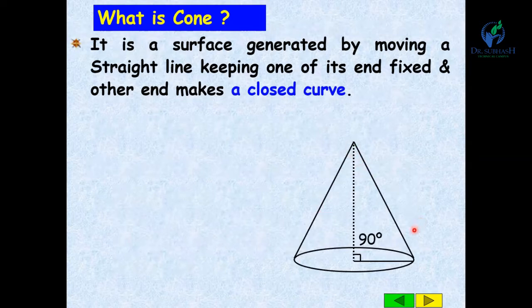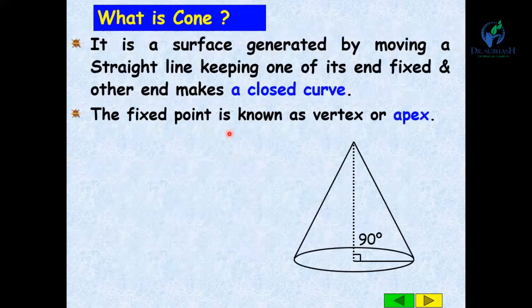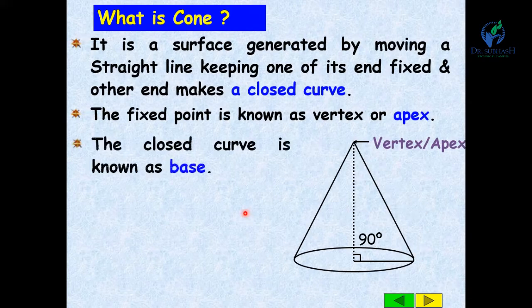Now, if we rotate this line by keeping this point fixed, it will generate a closed curve. The fixed point is known as the vertex. You can see this fixed point on which this line is rotating is known as the vertex or apex, and the closed curve is known as the base. So this closed curve is the base of this cone.